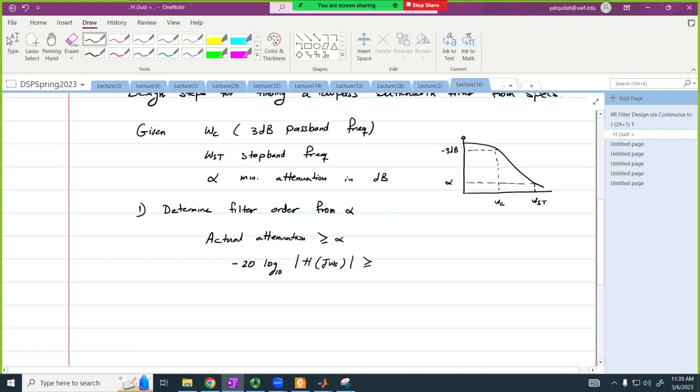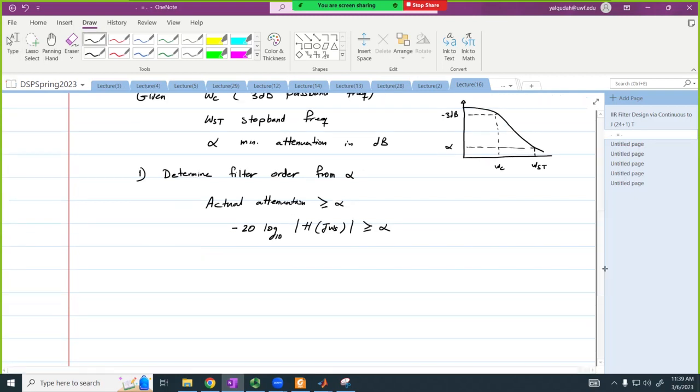We want this to be greater than or equal to alpha. We know that H(j omega) is equal to 1 over 1 plus omega over omega cutoff to the power of 2n, and all this to the power of 1/2.